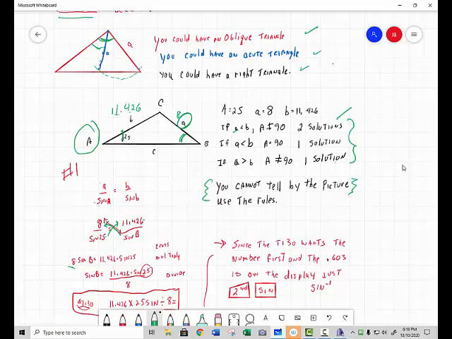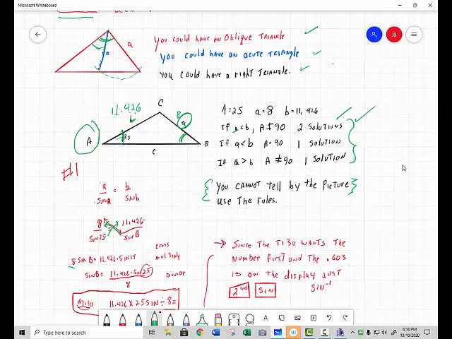If it's less than, and it's not 90 degrees, and you can tell that by just looking, it's going to be 25. Well, that's certainly not 90. Then you know you've got to go through these two. If you've got a right angle, you've only got one solution. And if A is bigger than B, then you only have one solution. But use the rules because you cannot tell simply by looking at it.